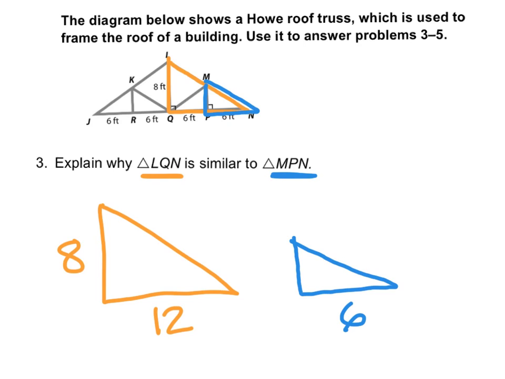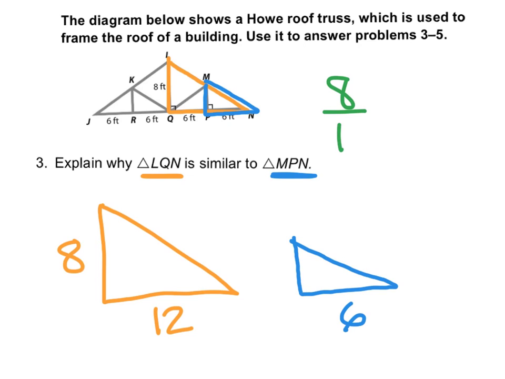So since this side right here isn't actually labeled, I can compare these two bottom measurements to see if it's using the same scale factor. If you want to use the bottom of 12 and turn it into a 6, what would you do? Okay, sometimes you use proportions.